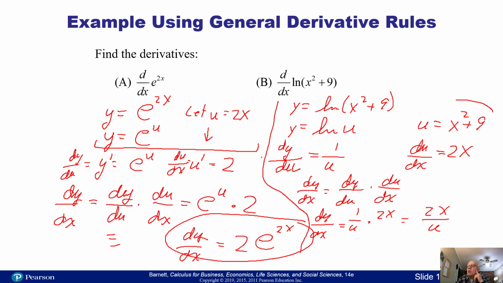But this is what u is, so my final derivative for that one is dy/dx equals 2x over u, which is x squared plus 9, and I've got my derivative.